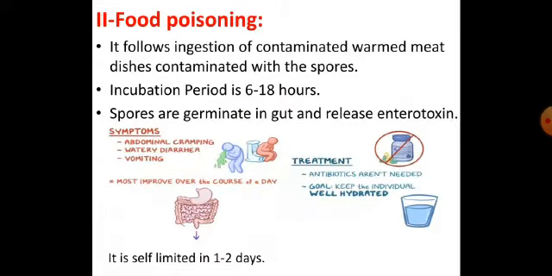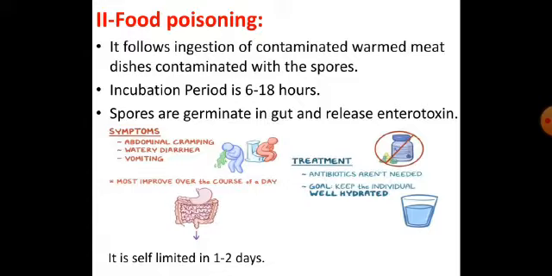The second condition caused by Clostridium perfringens is food poisoning. It is due to the ingestion of contaminated warmed meat dishes containing the spores. The incubation period is up to 18 hours. The spores germinate inside the gut and release the enterotoxin.